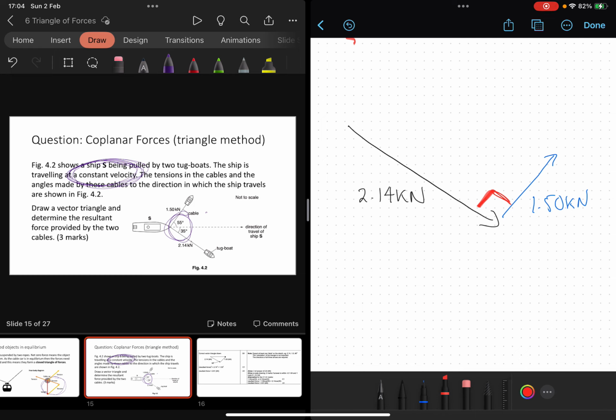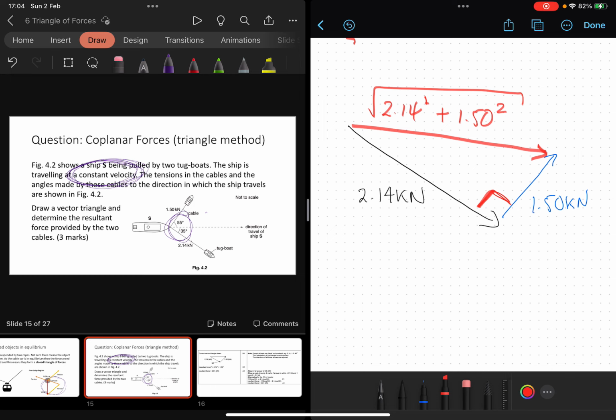What I would then do is join them up, and tip to tail form that closed triangle, which is the requirement for constant velocity, and I'd work out the resultant using Pythagoras. Okay, 2.14 squared plus 1.50 squared. I've not converted those into kilonewtons, but you get the idea. It's the hypotenuse of the triangle that I'm working out.